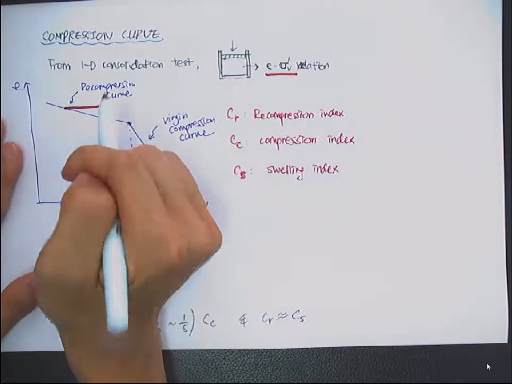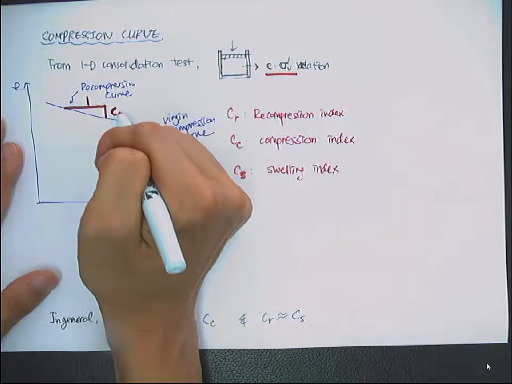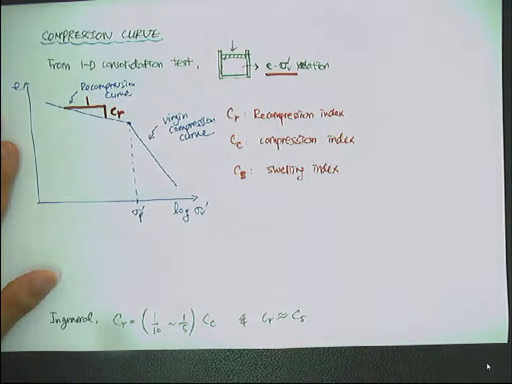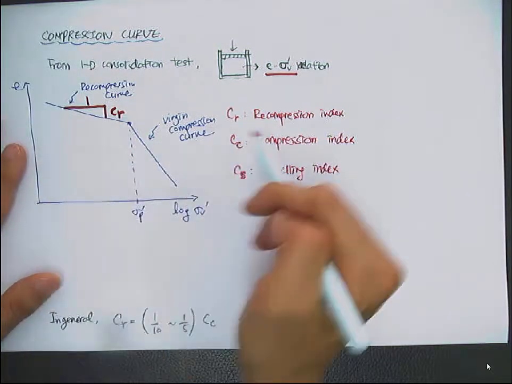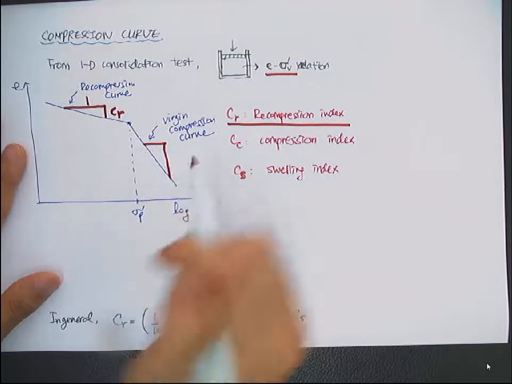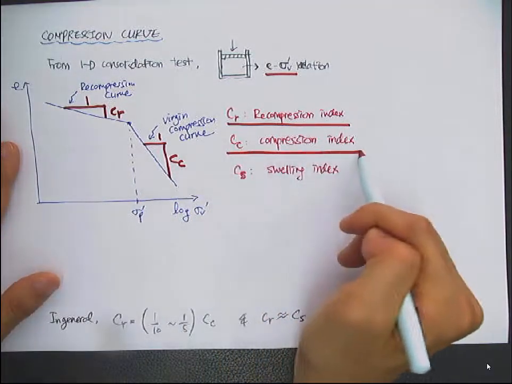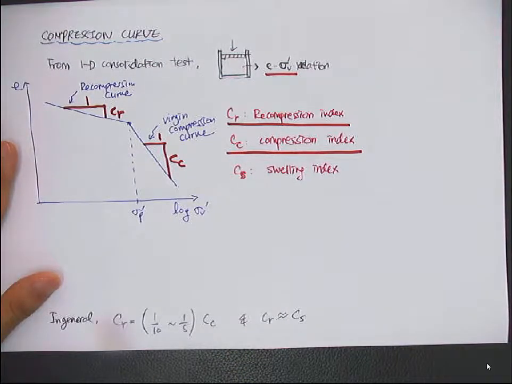So this one is CR, and this slope is called the recompression index, and this is called the compression index.